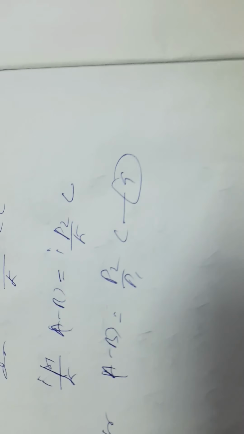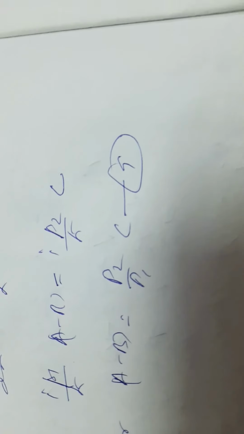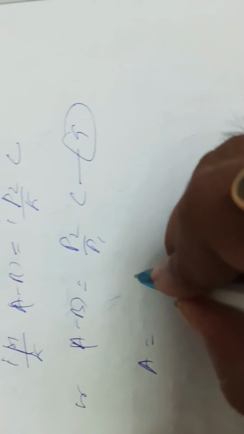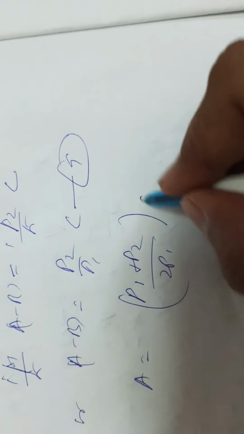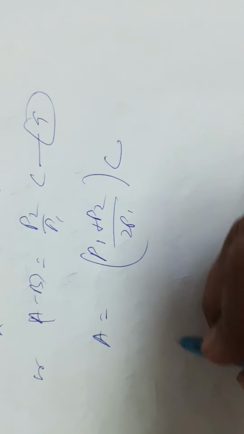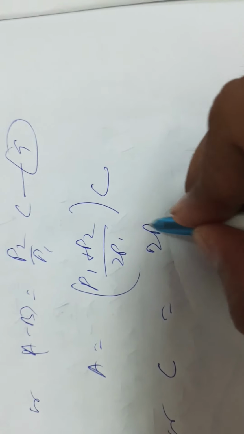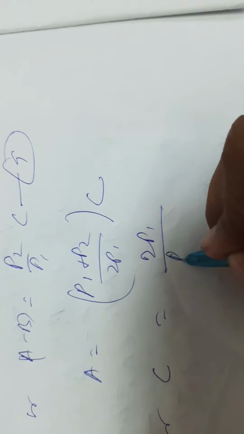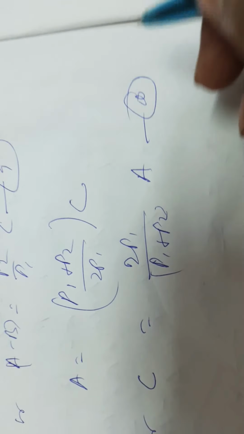Now solving equations 8 and 9, we have two equations: A plus B is equal to C, and A minus B is equal to p2 by p1 into C. Solving these, we have A equal to (p1 plus p2) by 2p1 into C, or C will be equal to 2p1 by (p1 plus p2) into A. So this will be equation number 10.